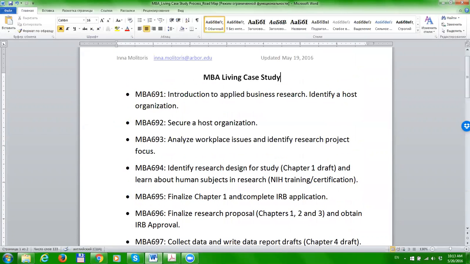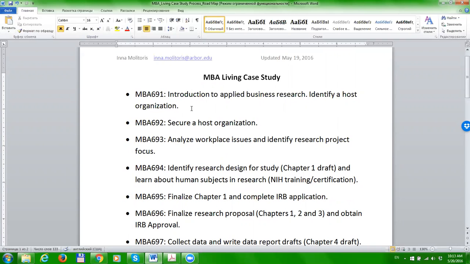So when you start the Living Case Study program, you will start with introduction to applied business research and you will identify a host organization. We recommend that you choose any type of host organization, but not a governmental agency, because governmental agencies may be very slow, very conservative.